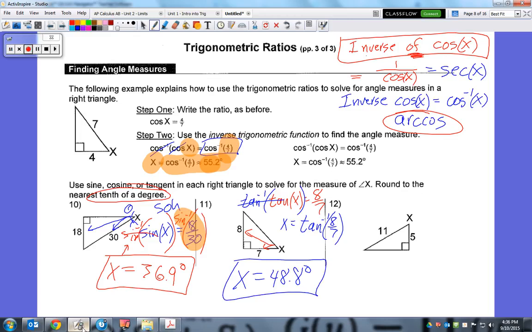And then last but not least, adjacent over hypotenuse. That is cosine. So the cosine of x is equal to 5/11. If I do take the arc cosine, I'm going to see that these cancel. And then I can put this into my calculator. The arc cosine of 5/11.